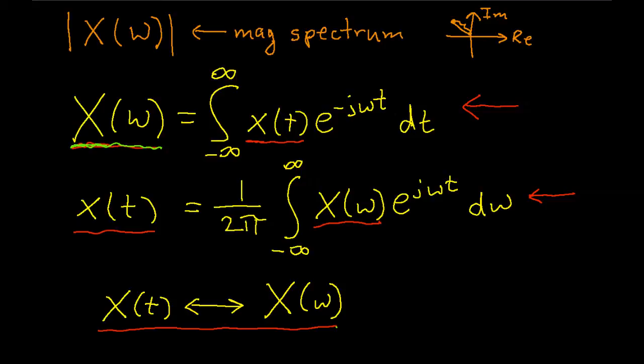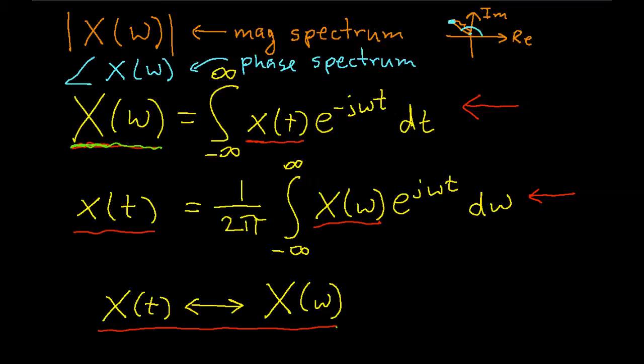We will also define what we call the phase spectrum. And this is the angle that the complex number makes with the real axis. So in this particular case, if I have a complex number that's out here, the angle that it makes with the real axis would be the phase.